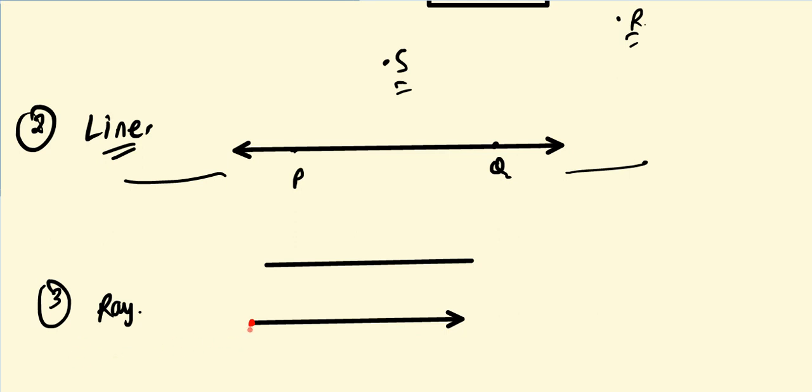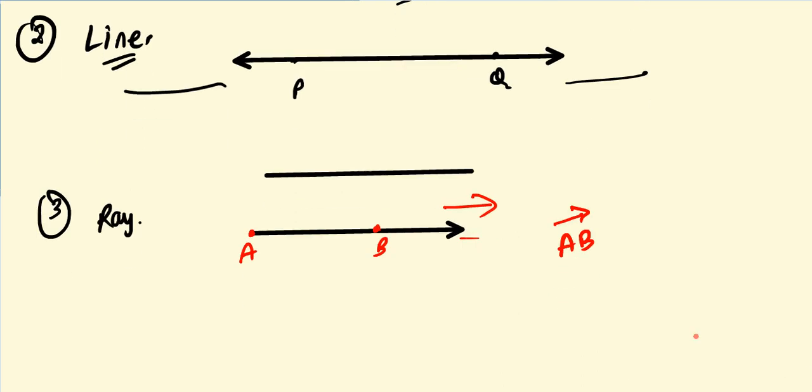This point is fixed, A. And another point you are having B here. Now you are having an arrow this side. That means you can produce this line further in this direction. This figure shows a straight line that starts from a given point which is fixed, A, and moves through point B in the same direction, and that's why ray is represented as AB, this symbol.